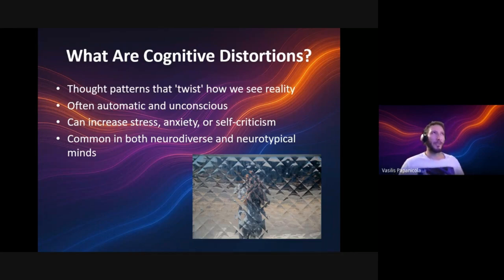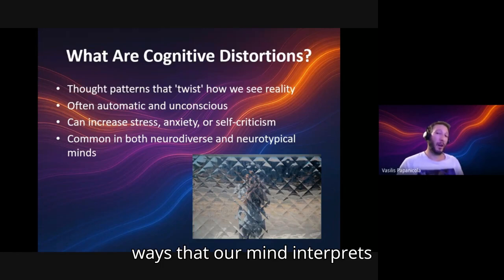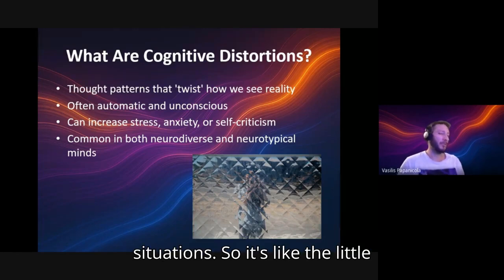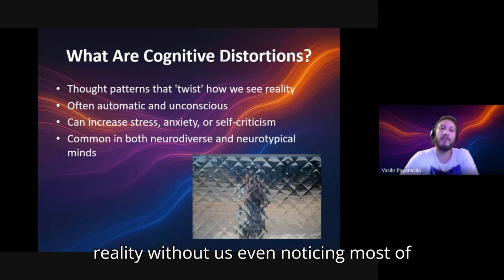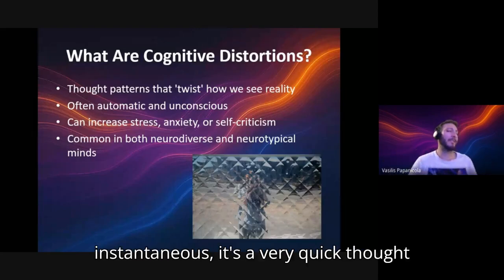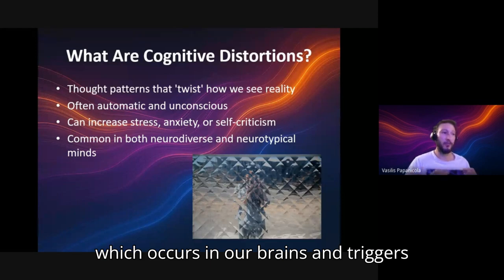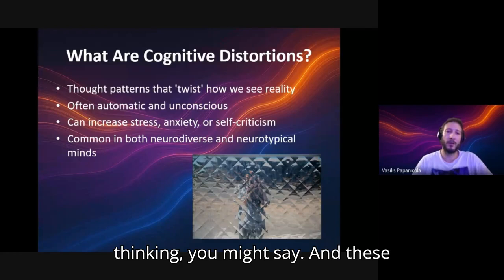So cognitive distortions are unhelpful ways that our mind interprets situations. So it's like the little tricks your mind plays on you, twisting reality without us even noticing most of the time. It's a very quick thought which occurs in our brains and triggers us into a mode of thinking, a pattern of thinking, you might say.